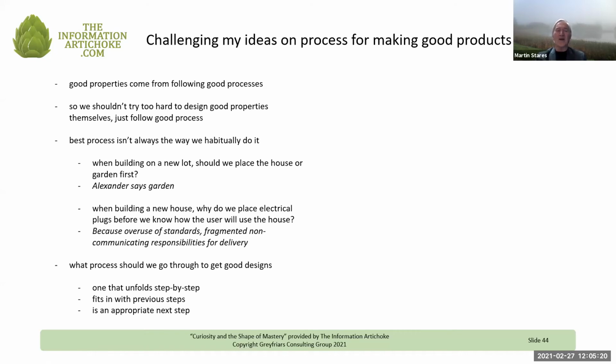One of them is when we're building on a new lot, should we place the house or the garden first? And Alexander says the garden. The garden is where we're going to spend a lot of time. We want it to be beautiful. Alexander says we should place the house in the ugliest part of the lot and leave the most beautiful part for the garden. Interesting. I thought so.